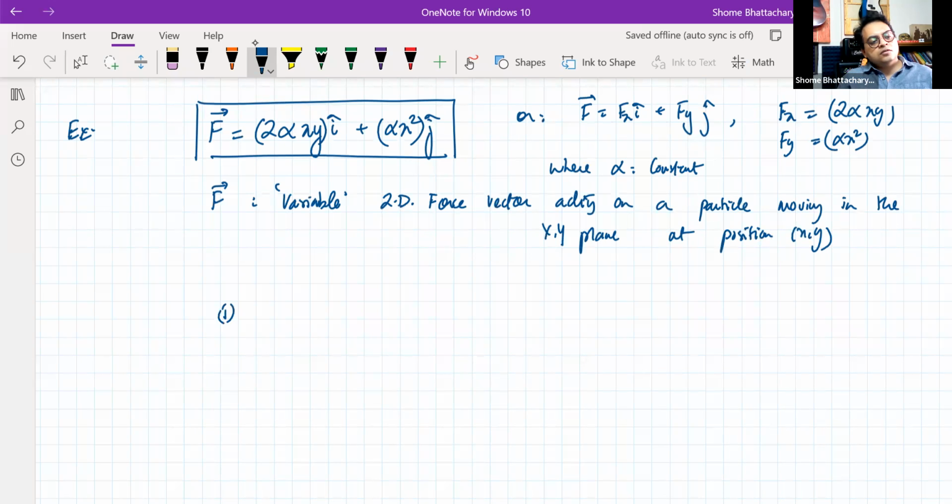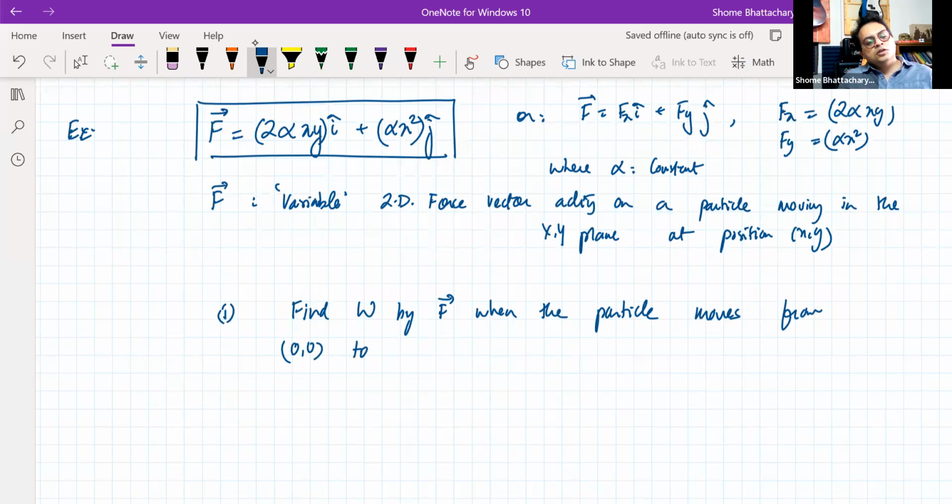So first of all, find the work done by F when the particle on which it acts moves from the position 0, 0 to, let's say, 2, 3 by path one and the second one will be path two.